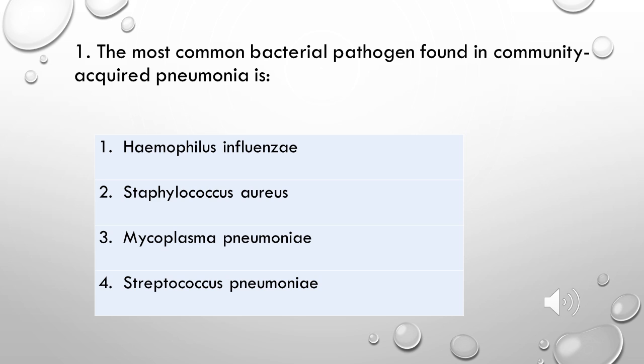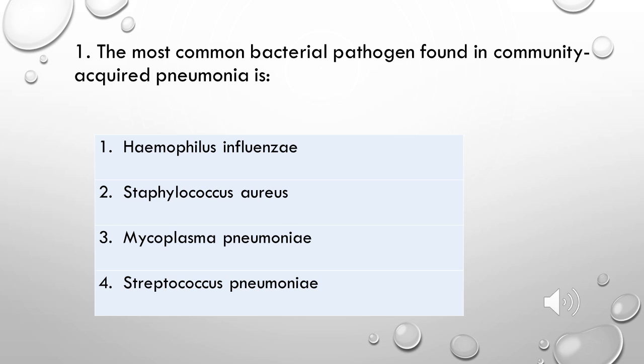What non-typable means is that it's a non-identifiable type of Haemophilus influenzae. And Moraxella catarrhalis are common pathogens in patients with underlying lung disease. Staphylococcus aureus has been a common co-pathogen in influenza-associated pneumonia.